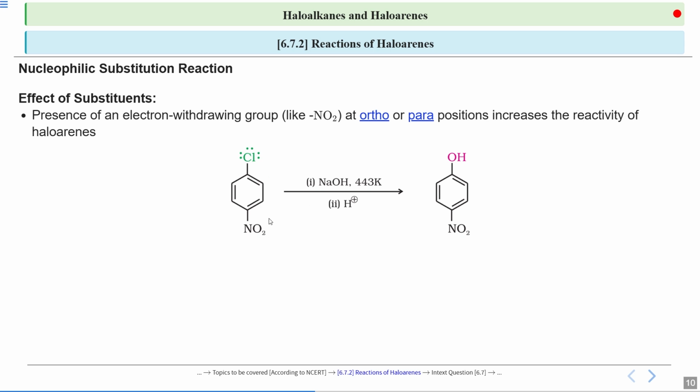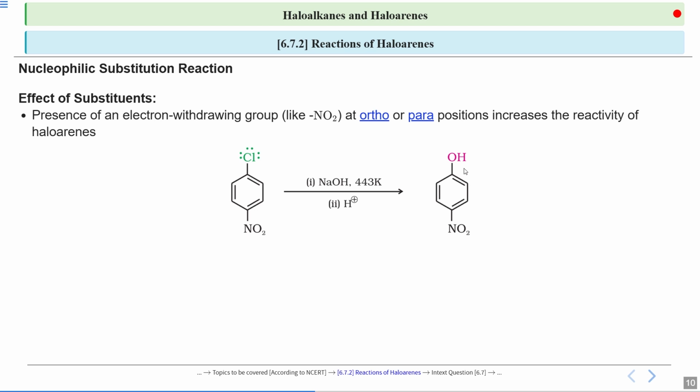But here an electron withdrawing group NO2 is present specifically at the para position in the benzene ring. So the temperature needed for this reaction to occur is comparatively lesser. You are treating this compound with NaOH at 443 Kelvin and then with a proton, and you are getting a phenol, or you can say nitrophenol.